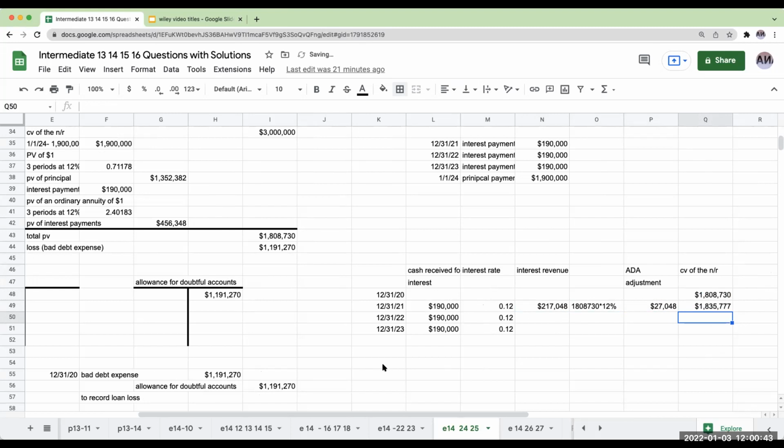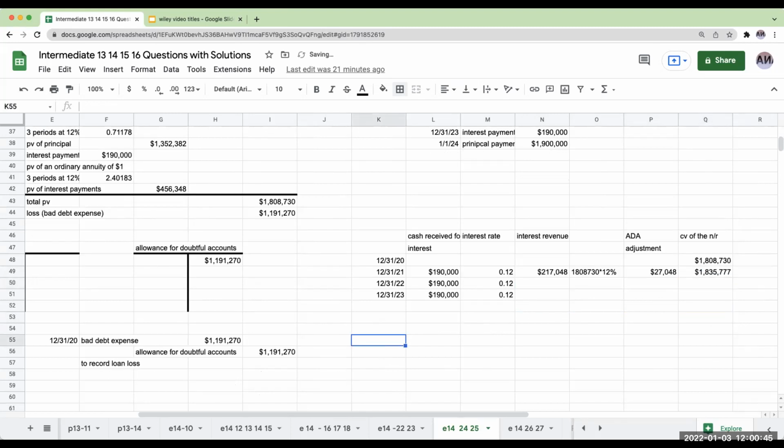From a journal entry perspective, on 12/31/21, I'm going to be debiting cash for the amount of cash I'm receiving, debiting the allowance for doubtful accounts for 27,048, and crediting interest revenue for 217.48. And that's what I do over here. So the first entry to the allowance for doubtful accounts is 27,048.